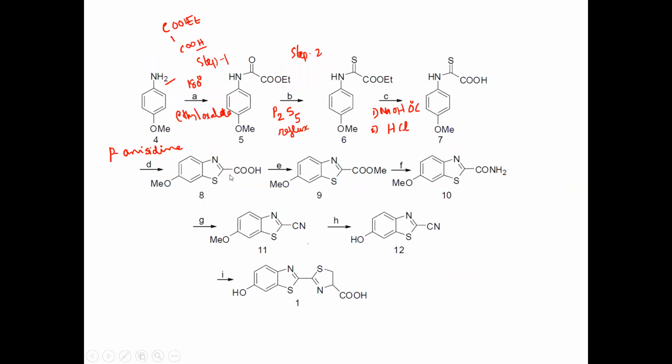Okay. The next step, what happens is that we have to convert this COH to COMe to protect the group, because the group will be highly active. So we have to protect this COH. For that, there are a lot of reactions that we can make in this process.